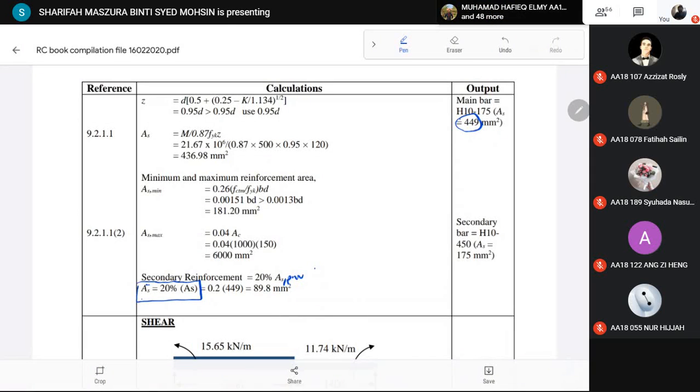This 175 is lower than As minimum, so we cannot provide this one.